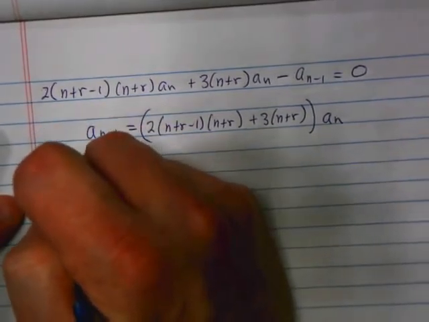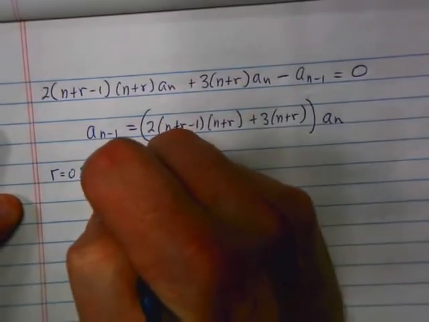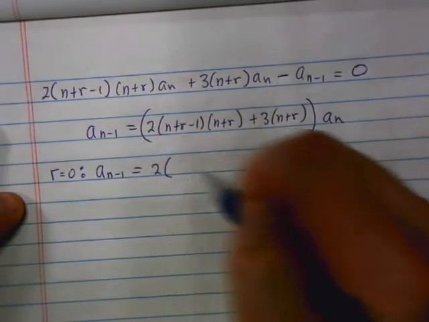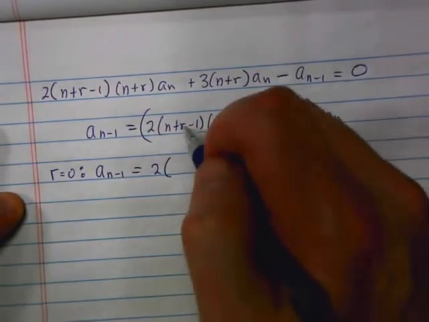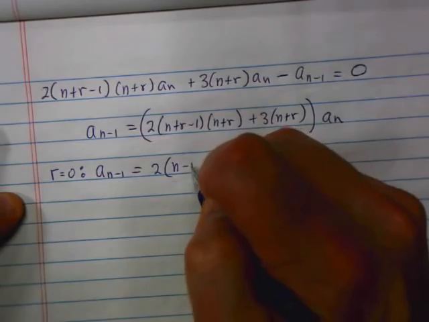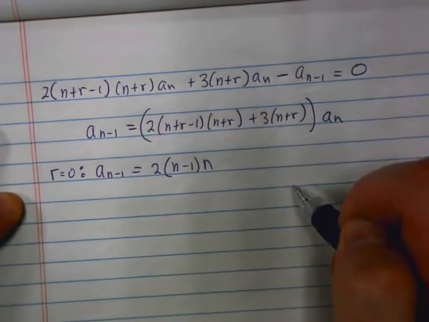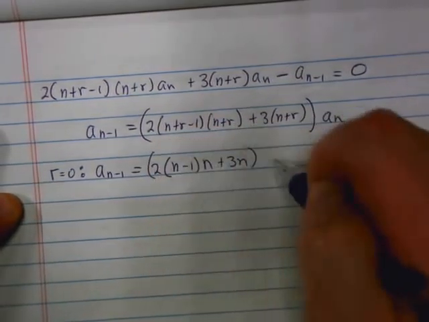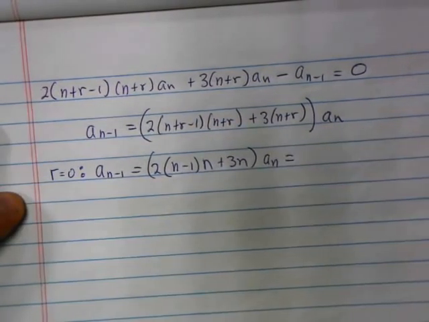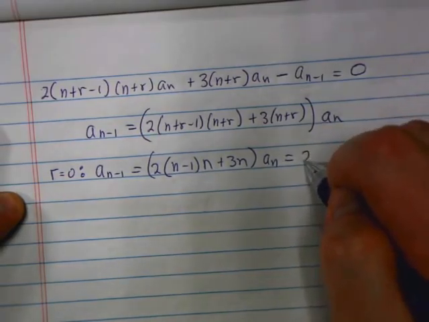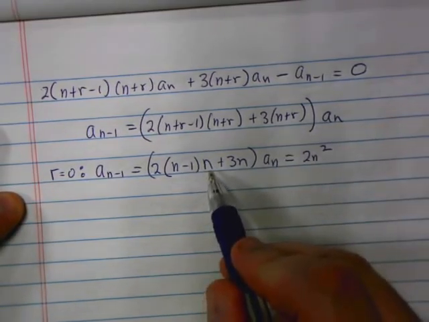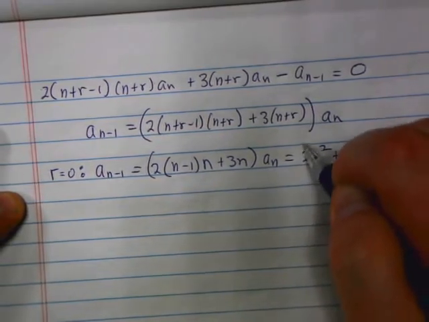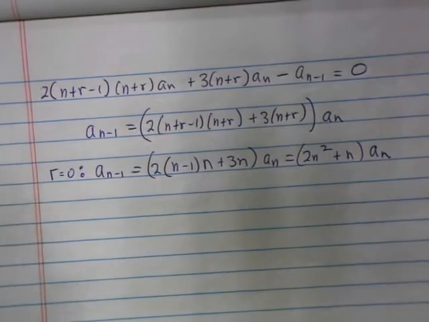Okay, if r equals 0, I get a sub n minus 1 equals 2 times n minus 1 times n plus 3n, a sub n, which is 2n squared minus 2n plus 3n, so that's going to be 2n squared plus n, a sub n.